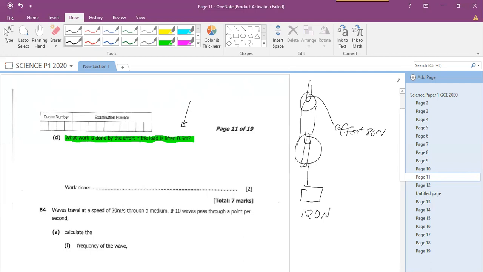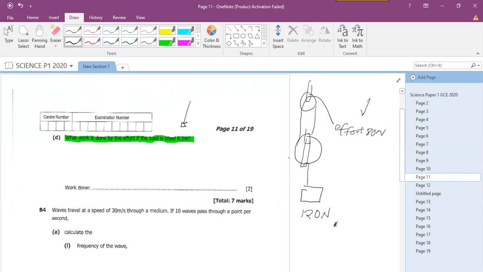So this pulley system actually works on the principle that a small amount of effort can be used to pull a heavier load, let's say 120 newtons, using these two pulley systems.